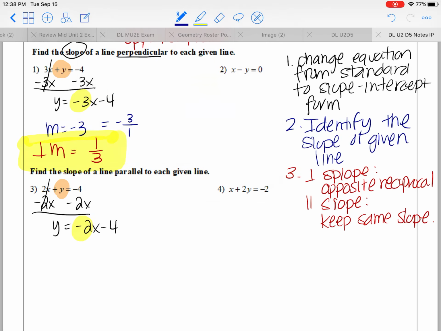I have finished with my first step. Second step says identify the slope of the given line. Well, the slope of this line is -2. Third step, are they asking you for perpendicular or parallel slope? They're asking me for parallel slope, so I gotta keep the same slope. So the line parallel to this given line will have the slope of -2. Exactly the same.